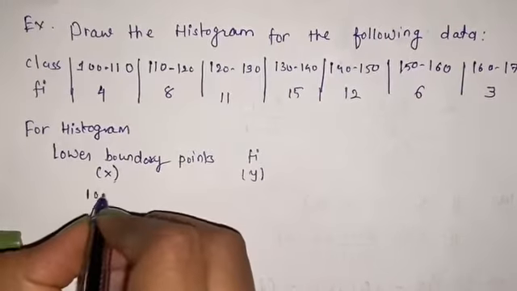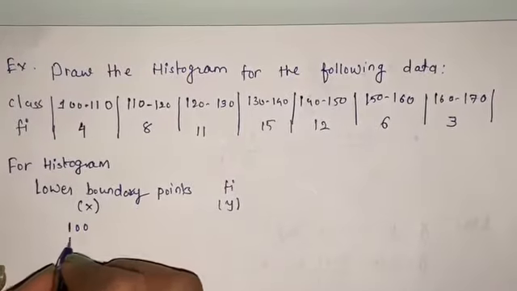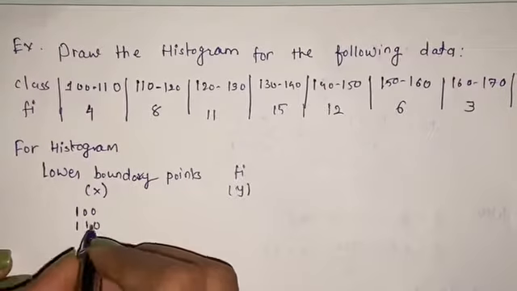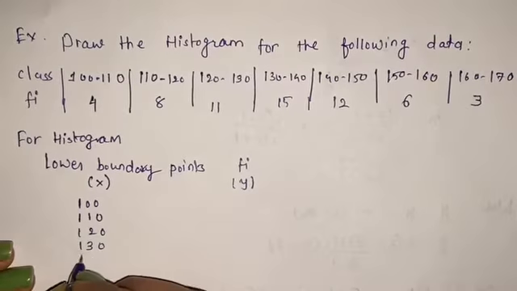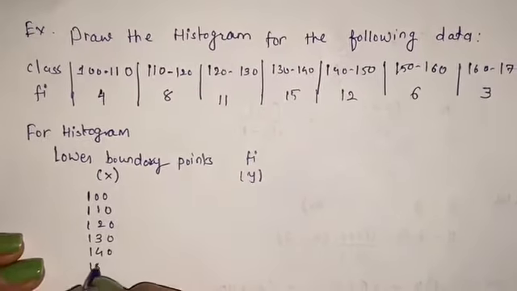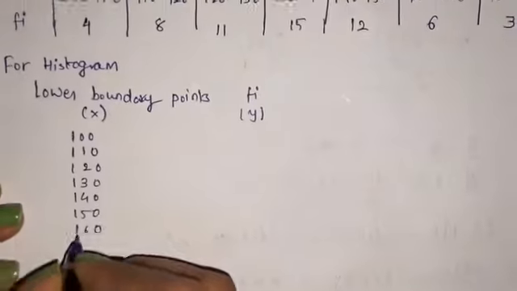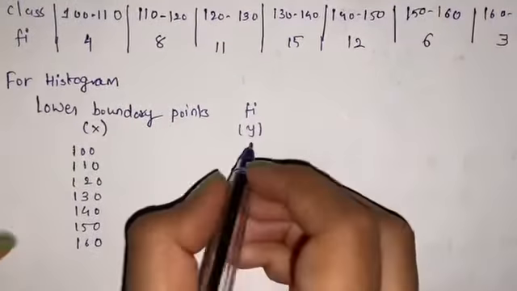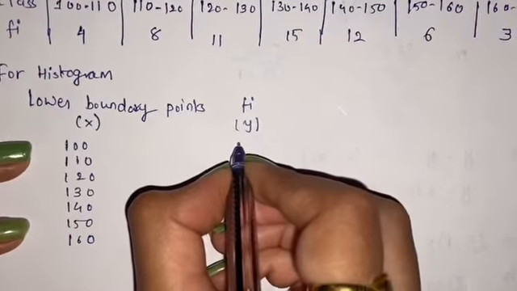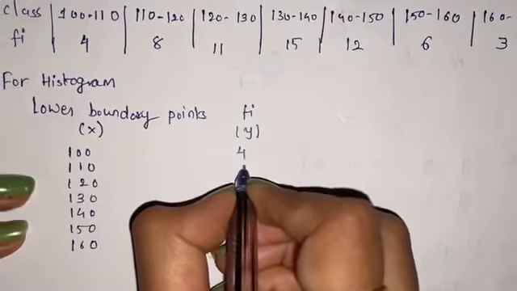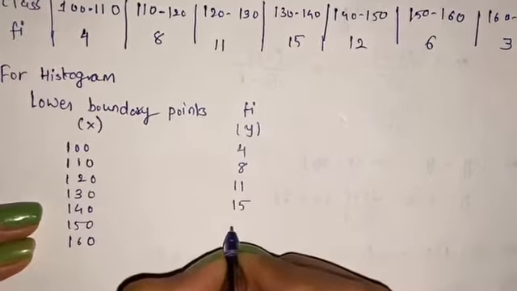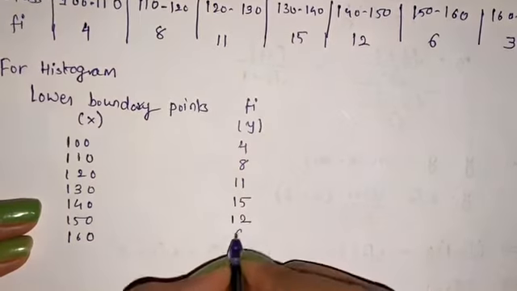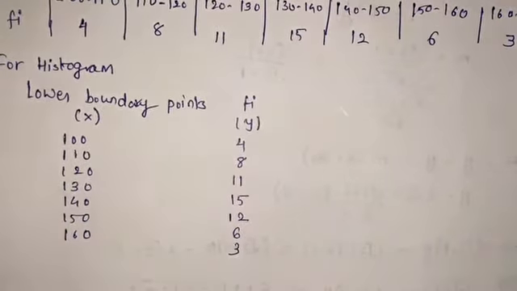So 100, for the next class it will be 110, then 120, 130, 140, 150, and the last one is 160. Accordingly we have frequency that will be 4, 8, 11, 15, 12, 6, and 3.